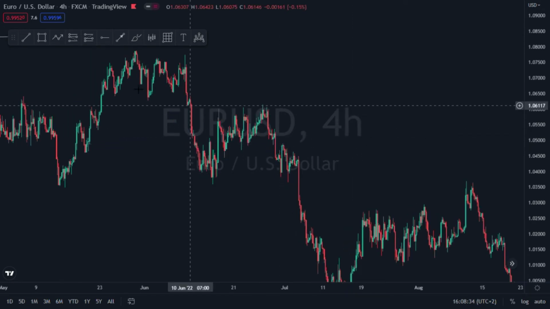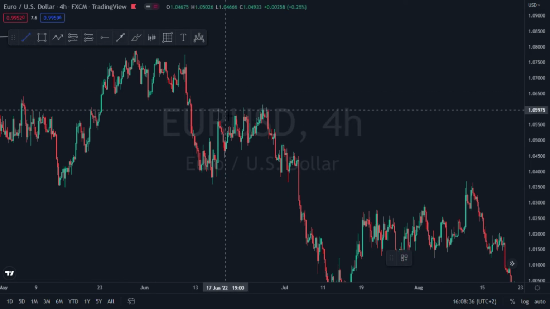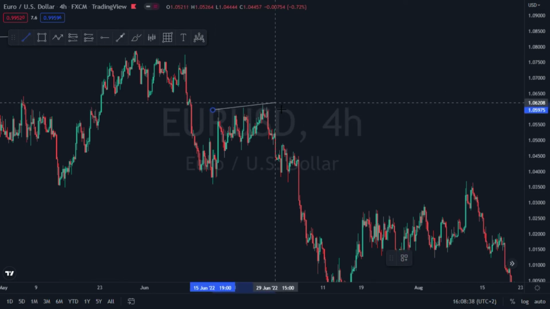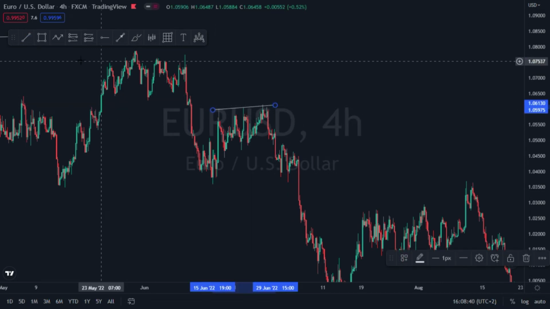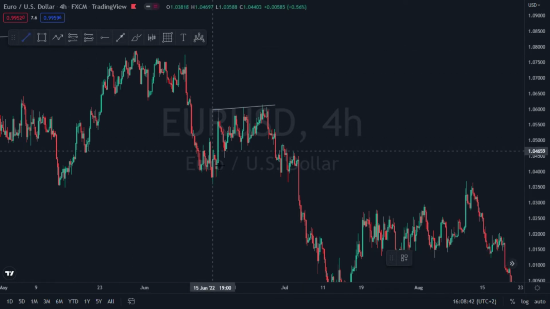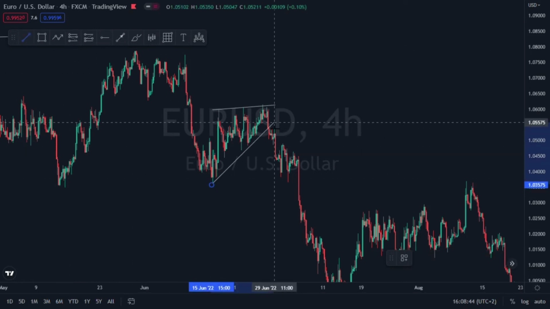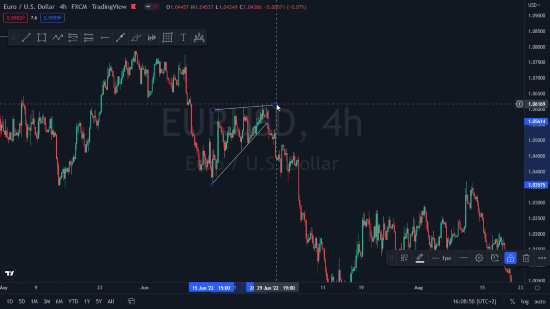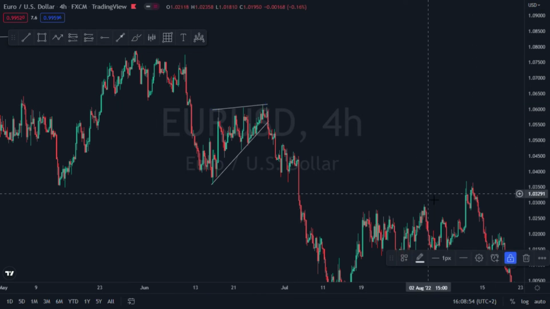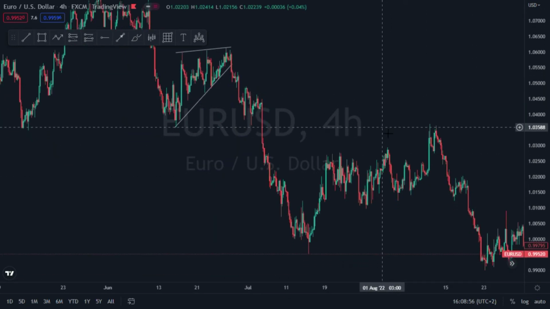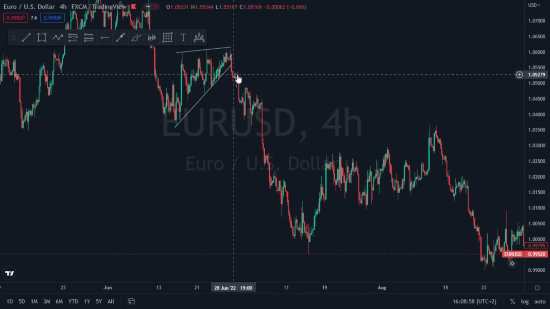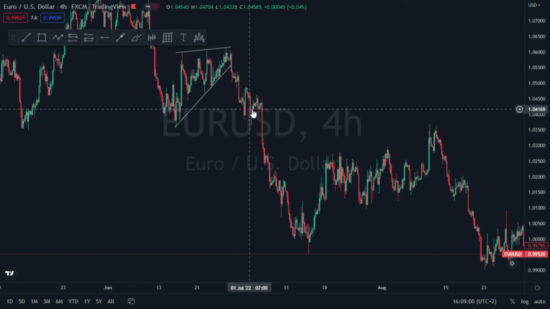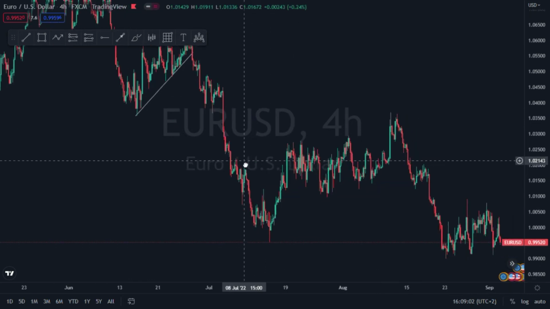We can already see that we also had an opportunity to enter right here, because we had that bearish pennant. We also had that bearish pennant right there, which was supposed to be our perfect entry opportunity. As we moved down, that pattern was broken and we continued moving to the downside.